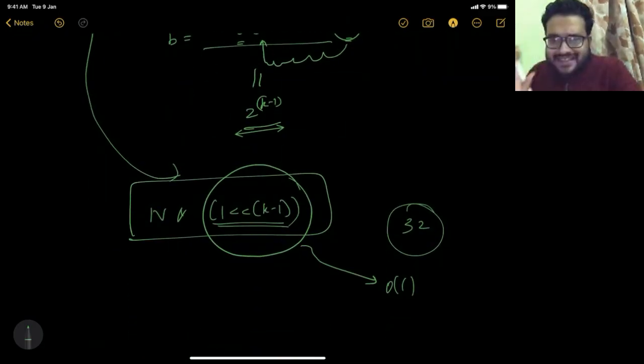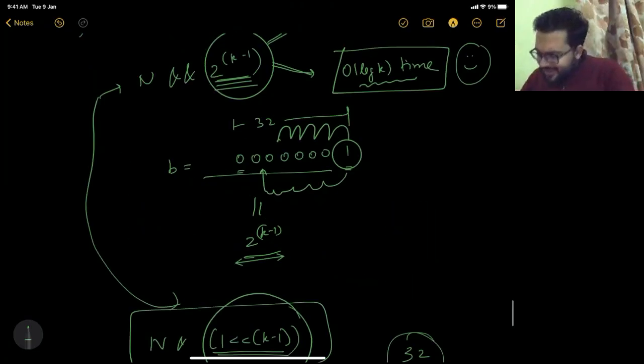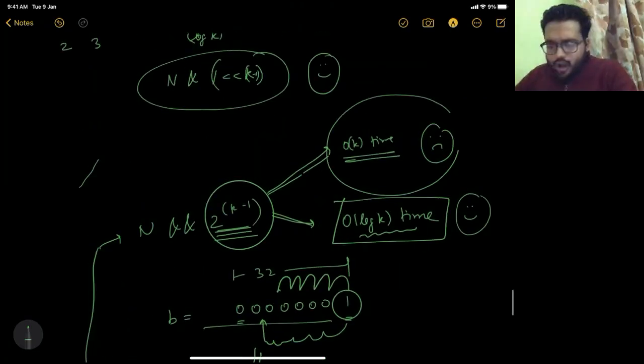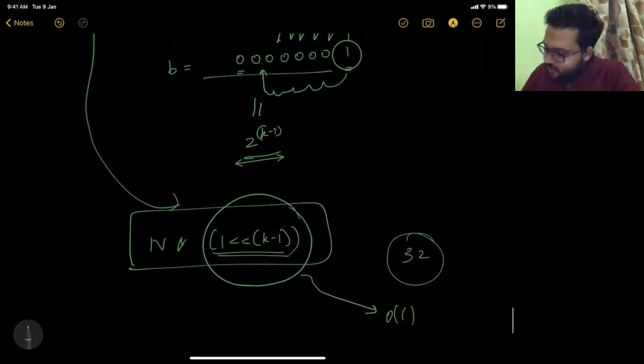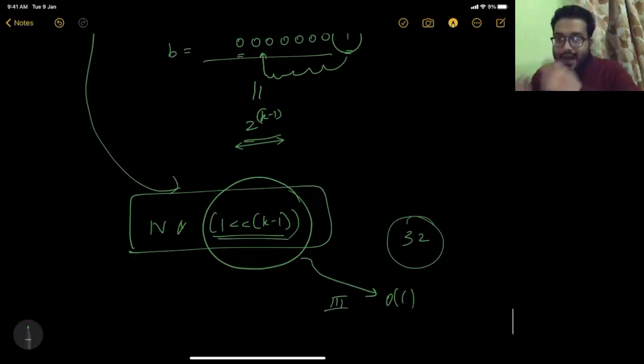Now my question to a lot of you is, do you think this second approach is worse than the third approach? How many of you think second is worse than the third? How many of you say second and third are equally bad or equally good? So which one is order 1?